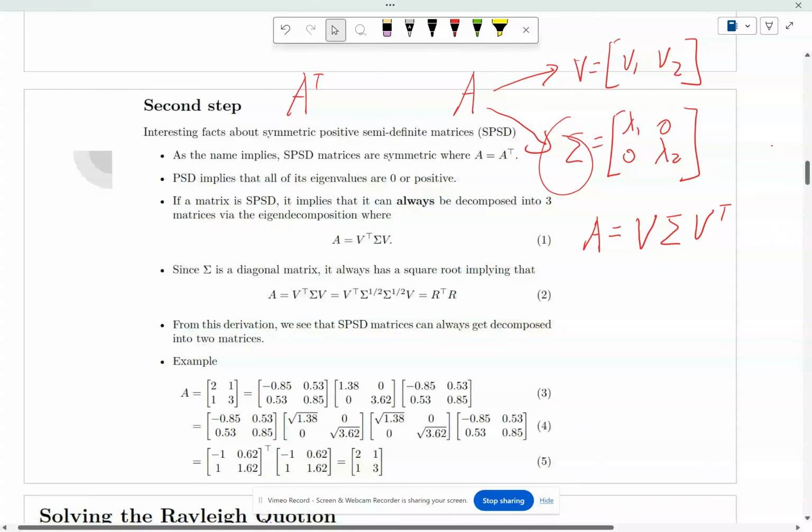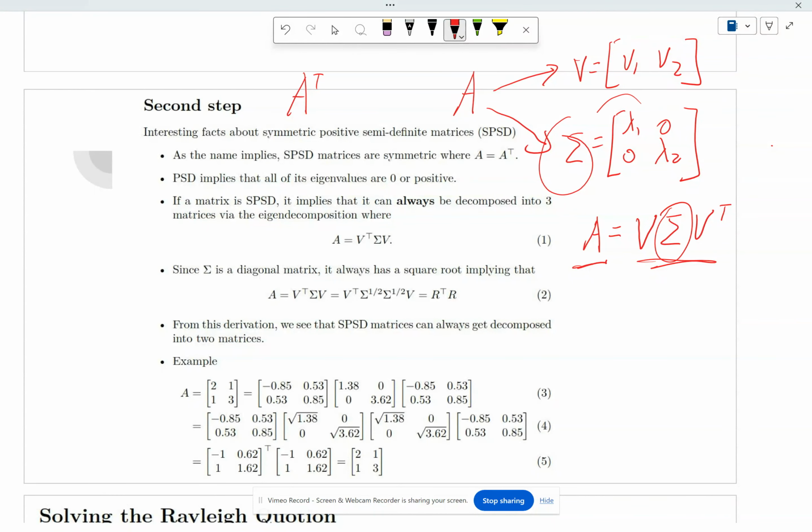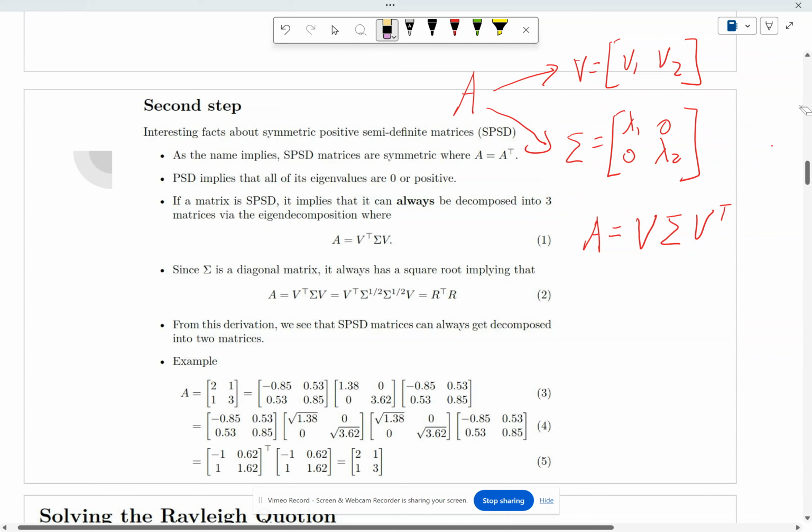So what's happening is A is being decomposed into three different matrices. Okay? And this sigma matrix is always diagonal, where the off-diagonal entries are always zero. So that's where eigendecomposition came about.